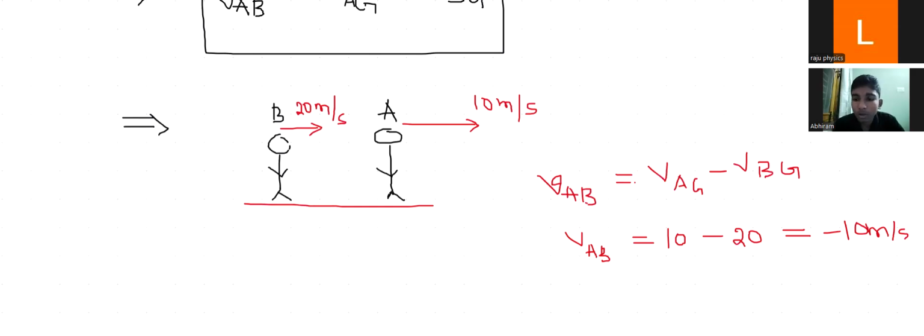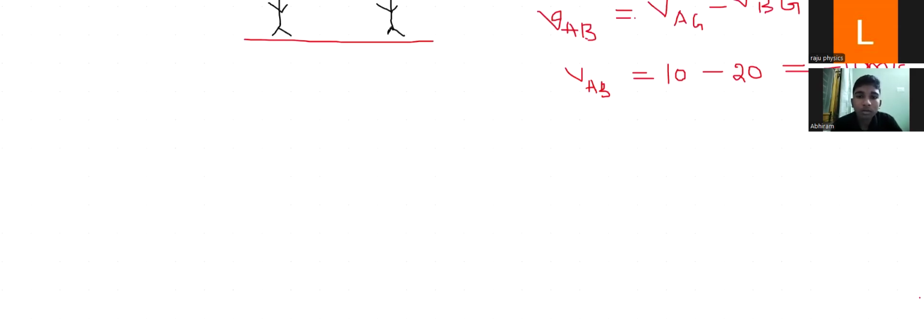Okay, copy. Next, what is the relative velocity of B with respect to A? Plus 10 meters per second.